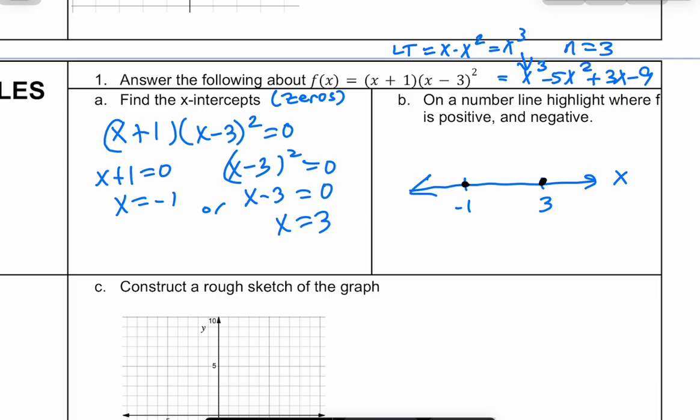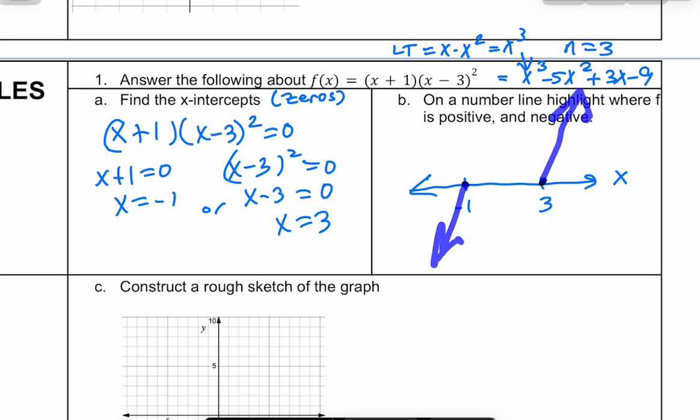In that big old chart where there were all those little arrows, we said that if the degree is odd and our front coefficient is positive, the left goes down and the right goes up. Let me say that again. If we know that it's an odd function where our degree is odd, but our front coefficient is positive, the left always goes down and the right always goes up.